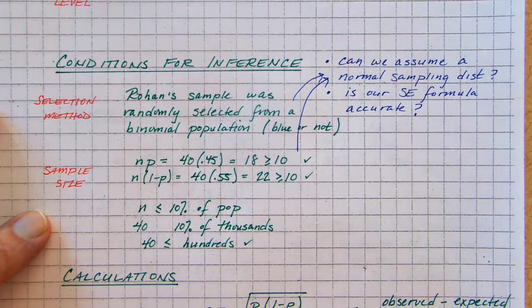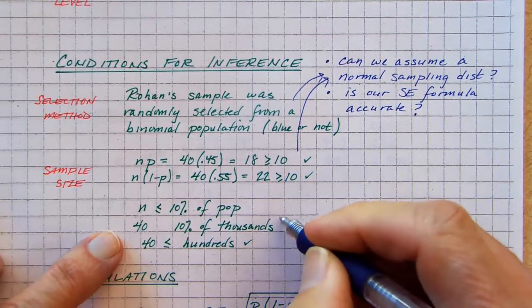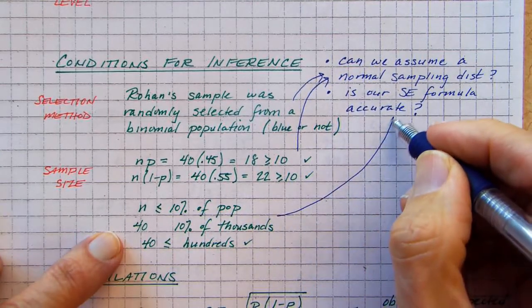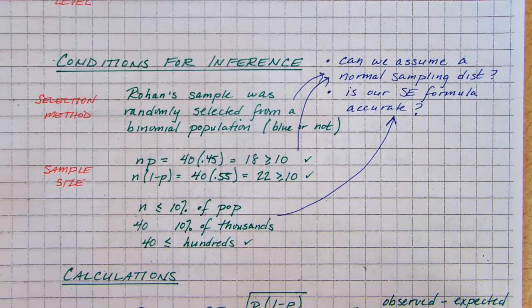So the sample is not too big relative to the population, and that allows us to safely assume our standard error formula is accurate.